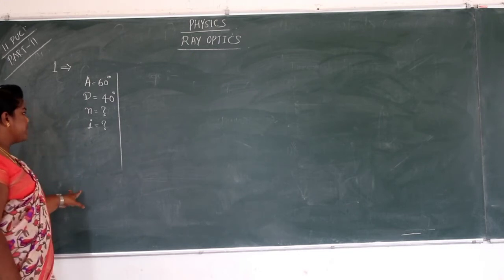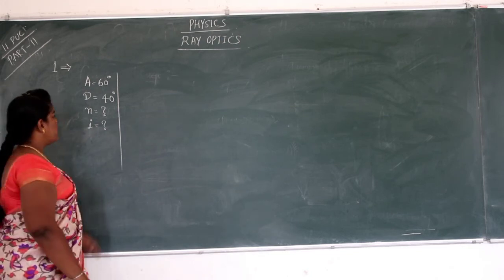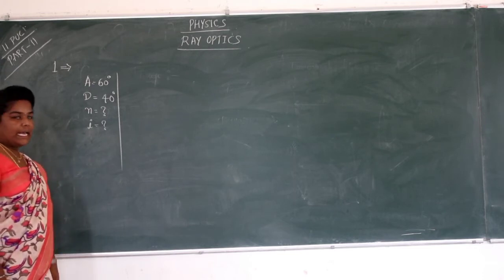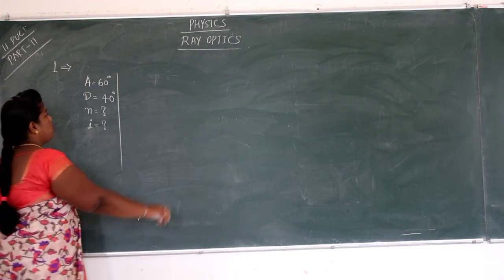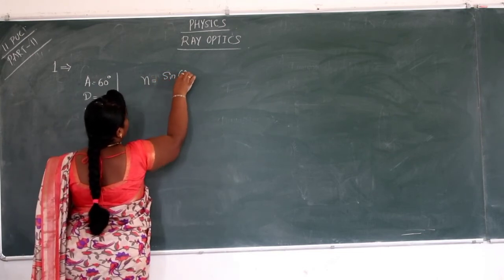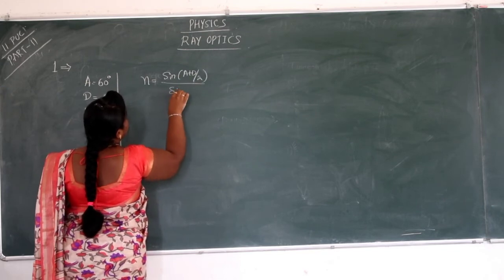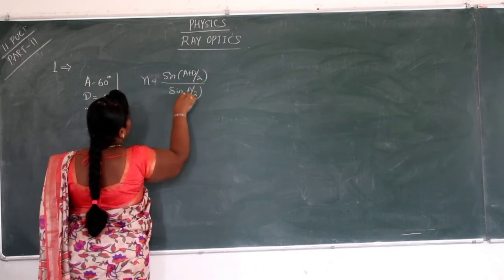This numerical is related to the prism, and we should calculate n, the refractive index. So what is the formula for the refractive index of a prism? n is equal to sine of (A plus D) by 2 divided by sine of A by 2.